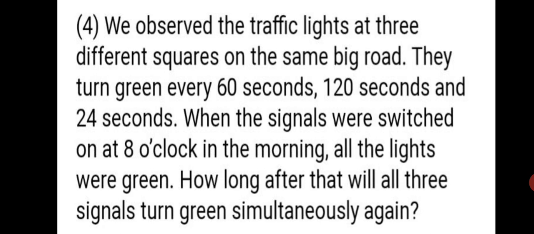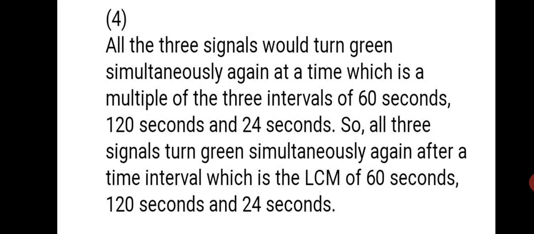So let us check the solution. All the three signals would turn green simultaneously again at a time which is a multiple of the three intervals of 60 seconds, 120 seconds and 24 seconds. So all three signals turn green simultaneously again after a time interval which is the least common multiple, that is the LCM of 60 seconds, 120 seconds and 24 seconds.